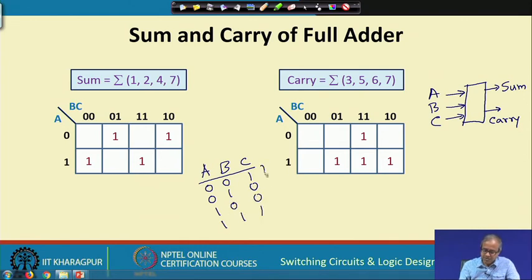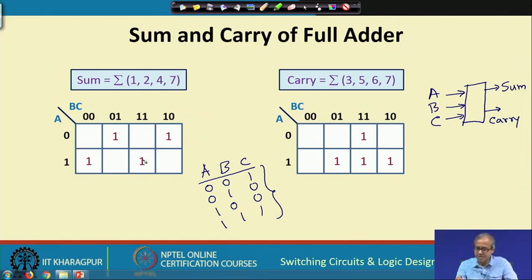So, only under these 4 conditions sum will be 1. This we have depicted in the truth table like this.